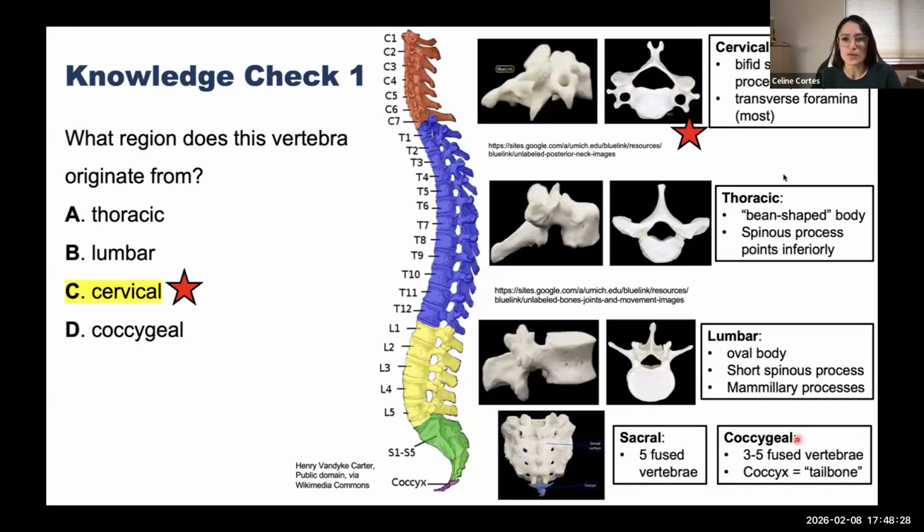So that's just a little overview of how to remember some of those differences in the regions. I will also mention that sometimes you get a transition, or similarities in the transition region. So it can be challenging to tell T12 versus L1 apart, but hopefully they'll be nice and kind to you and pick a representative somewhere in the middle that has typical features.